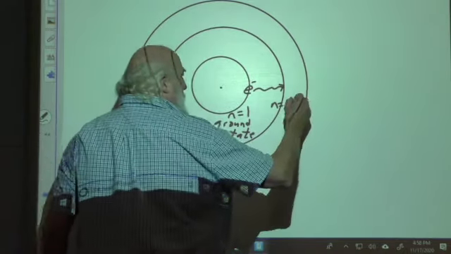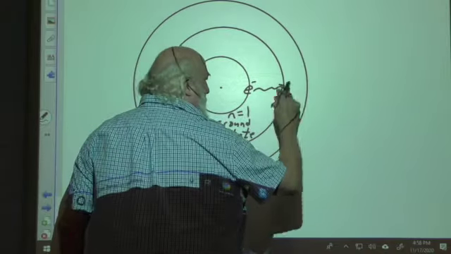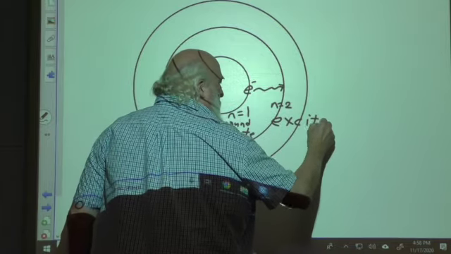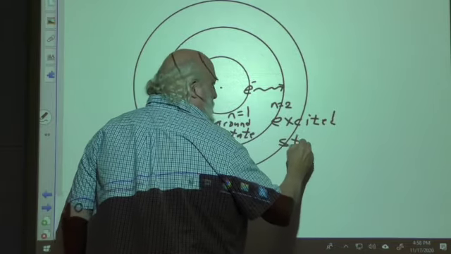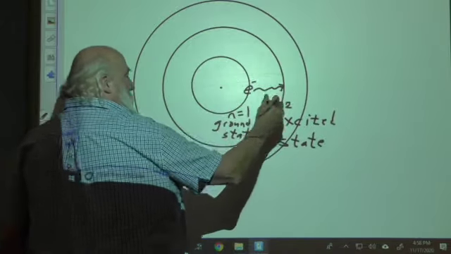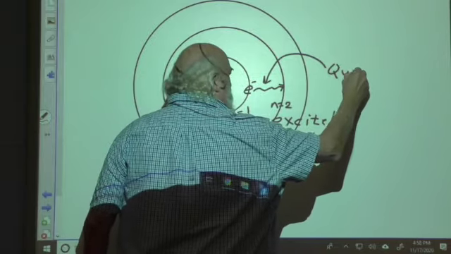This is called an excited state, where it's normally not found. So we'll say anything past 1 is considered to be an excited state. This jump from one level to another is called a quantum leap.